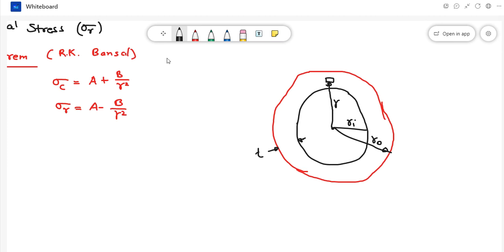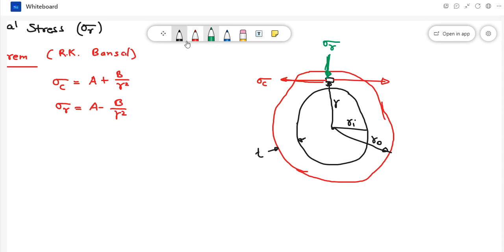Now this sigma C will act like this. This is your circumferential stress, and radial stress will act along the radius, like this, sigma R along the radius.